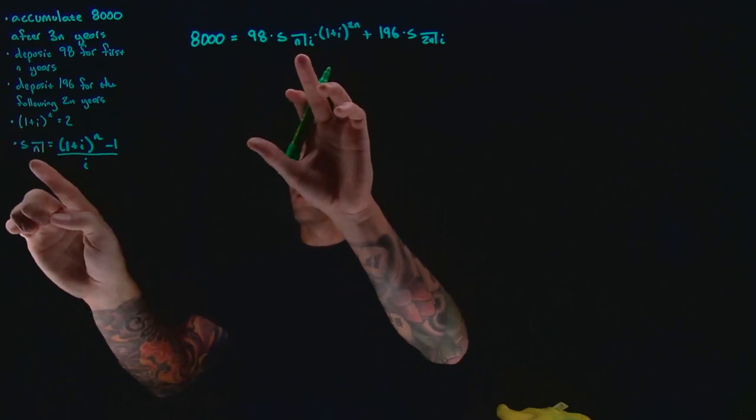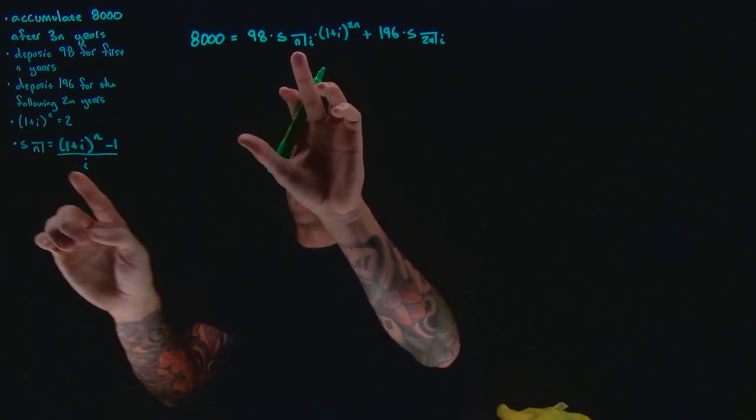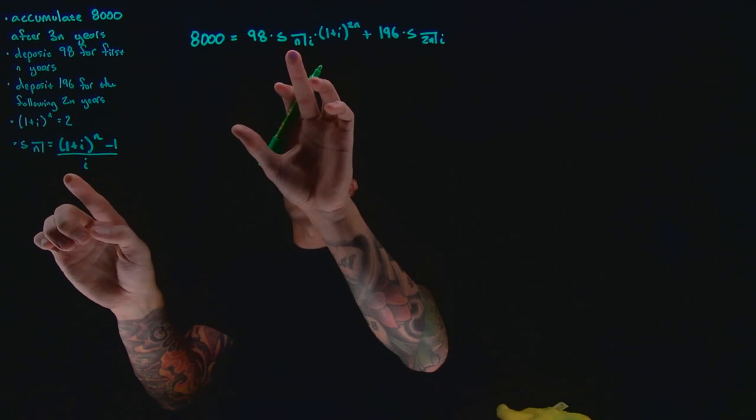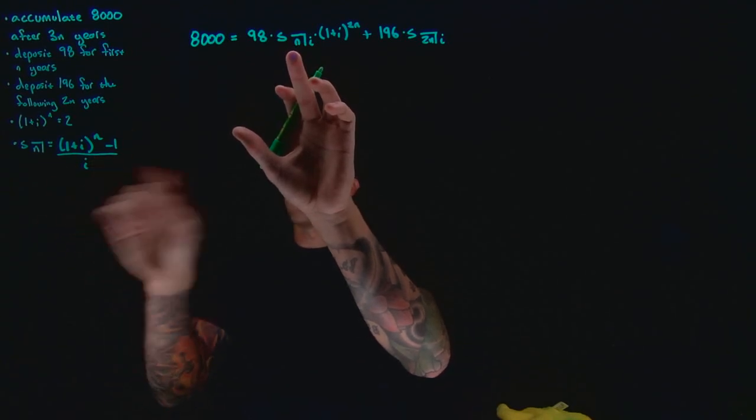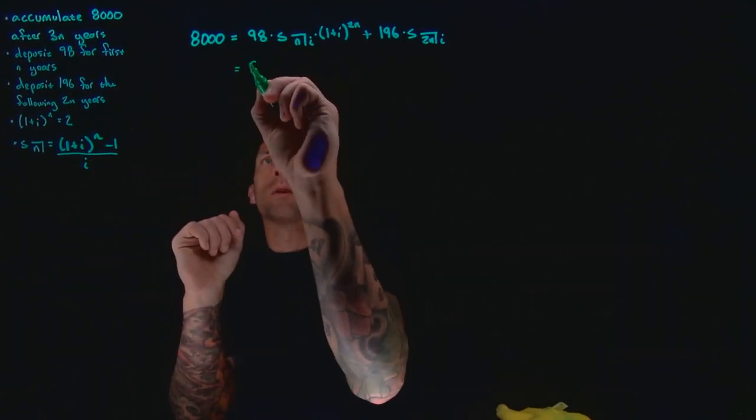Let's replace this S sub n, this annuity accumulation formula, with the actual value of the formula that we can use in our calculator.